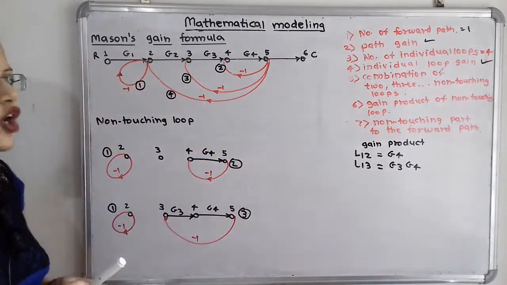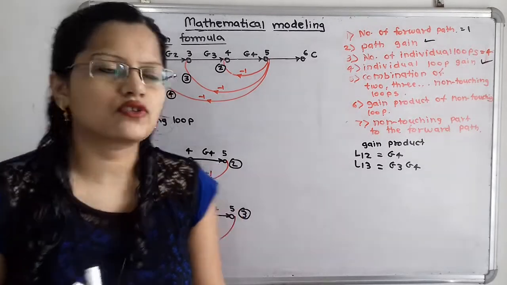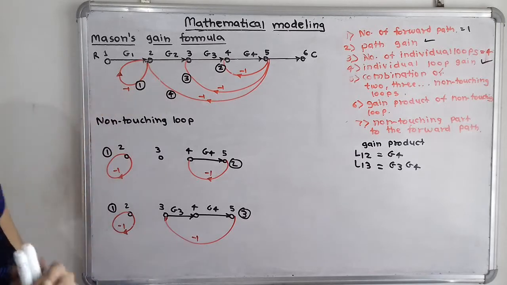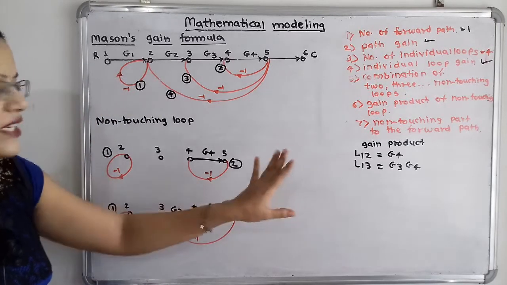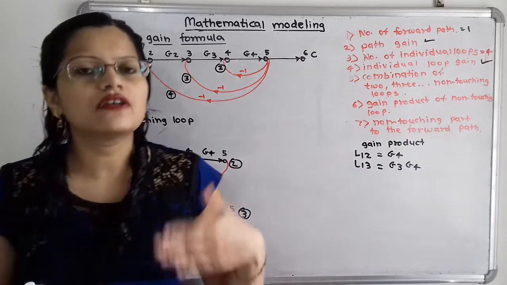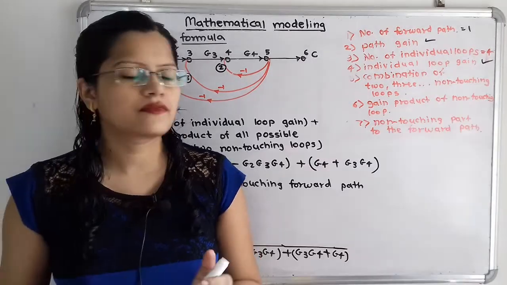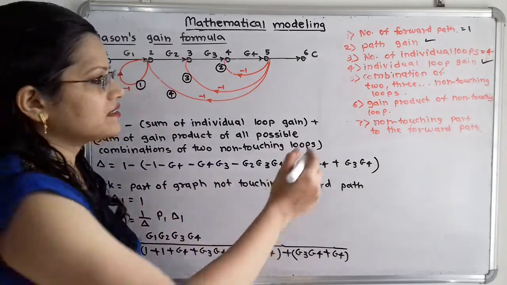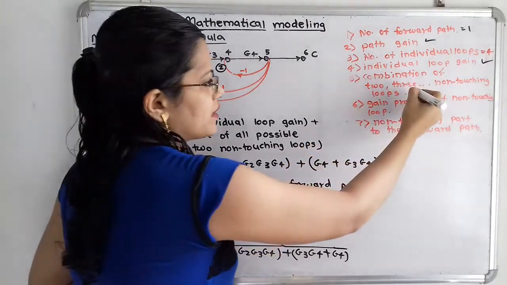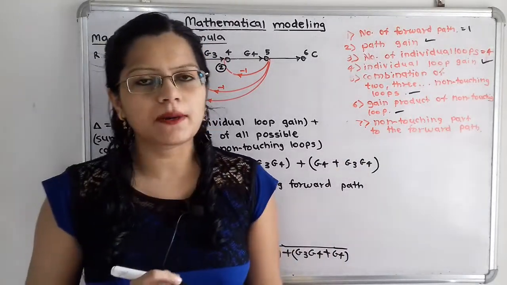Now again, if we observe, is there any combination of 3 non-touching loops? There is no such combination. So 2 combinations are found for 2 non-touching loops. These 2 points, the combination of 2 non-touching loops and the gain product of non-touching loops, are completed.